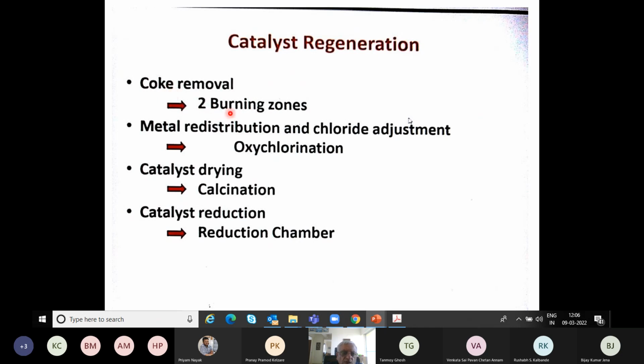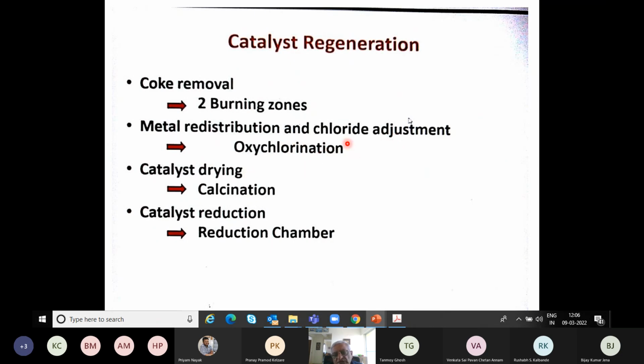And then once the coke gets burnt off and you have just a carbon-free catalyst, then you do oxychlorination. We use perchloroethane as a chloride carrier, and that redistributes the metal again on the catalyst.